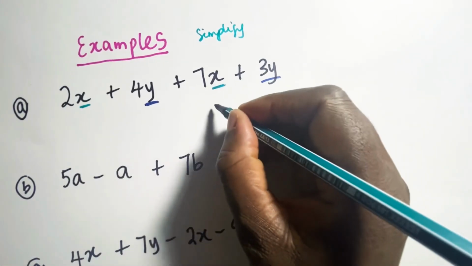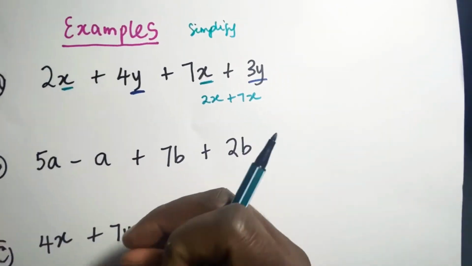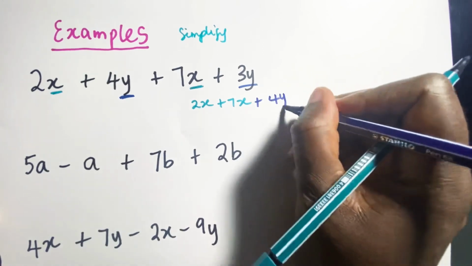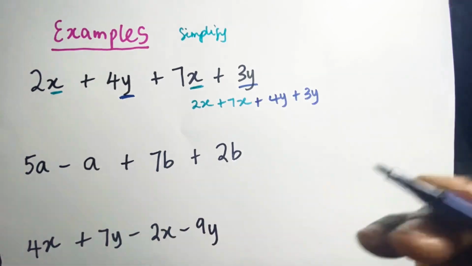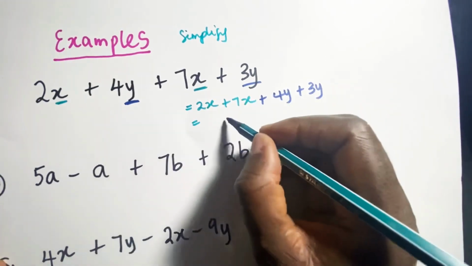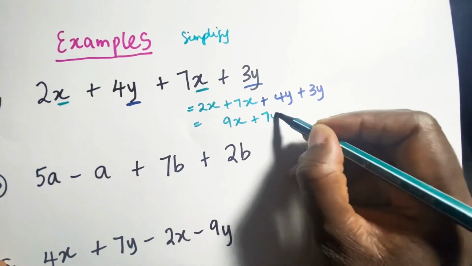Let's do that. 2x plus 7x plus 4y plus 3y. If we did that, that would be equal to 9x plus 7y.